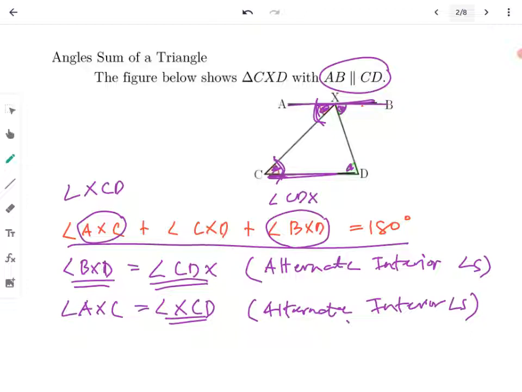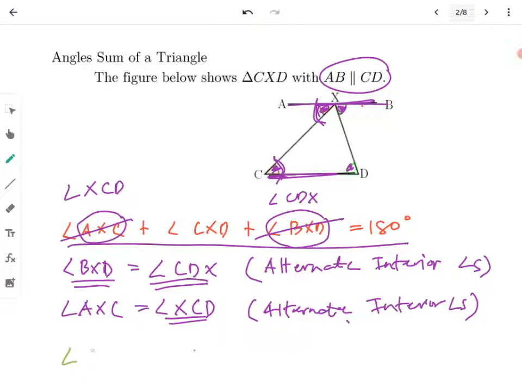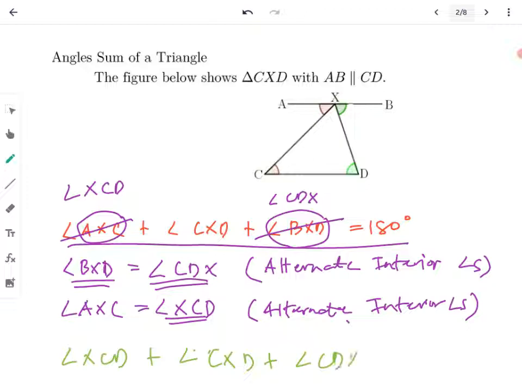So as you can see, we will have this new equation: angle XCD plus angle CXD plus angle CDX equals 180 degrees.